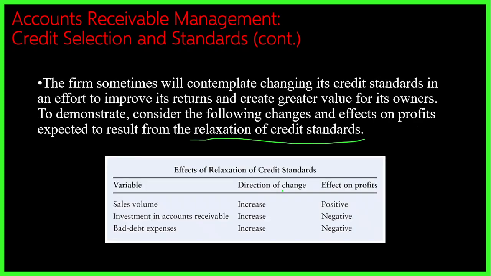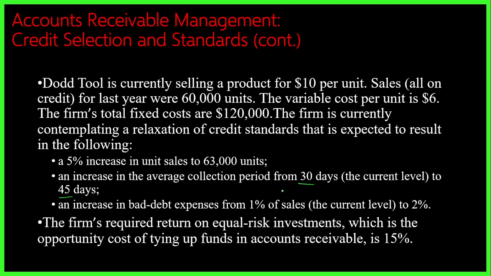So, yun yung babalikan natin, di ba? Higher investment in accounts receivable. Now, let's continue. An increase in bad debts expense from 1% to 2% of sales, ganun pala. And the opportunity cost of tying up funds in accounts receivable is 15%.